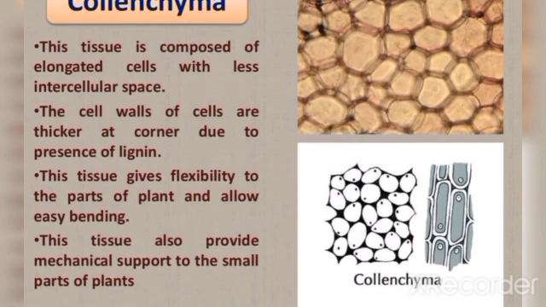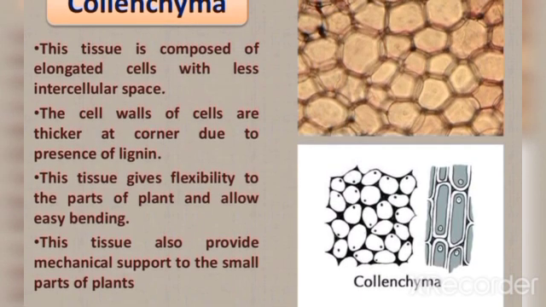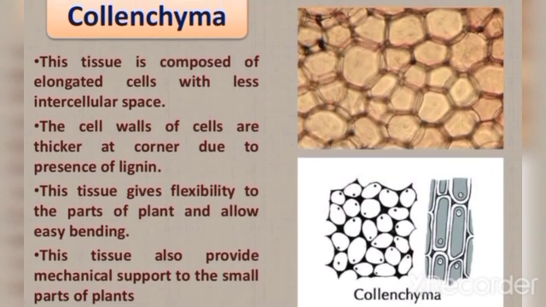It allows easy bending in various parts of a plant like leaf and stem without actually breaking it. When cells of collenchyma contain some chloroplasts, they manufacture sugar and starch. So these are the functions of collenchyma.